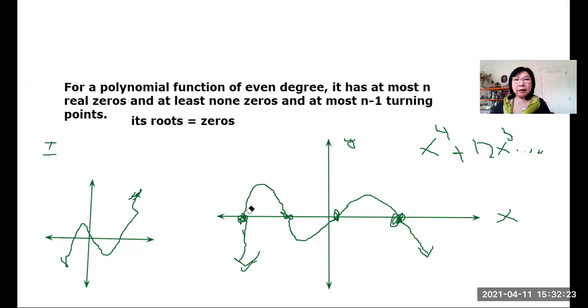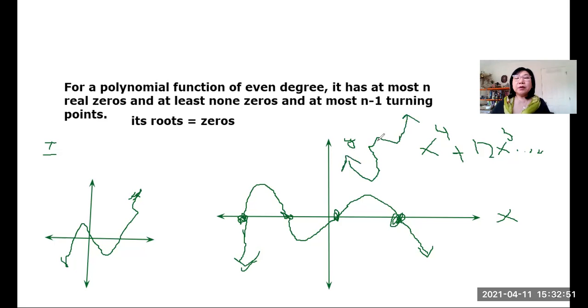Because you might have a polynomial function crossing the x-axis like this, but you also have a situation something like this. Let's say a quadratic function. Let's not just say the quadratic function, but let's say you have a function that looks like that.